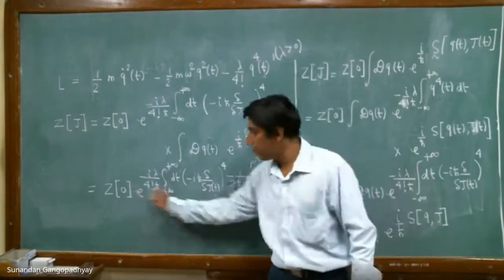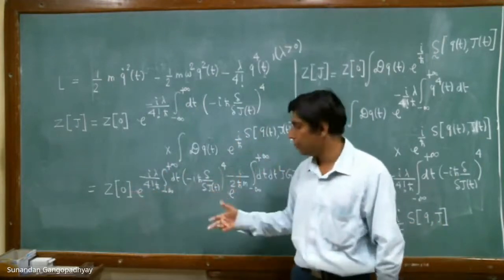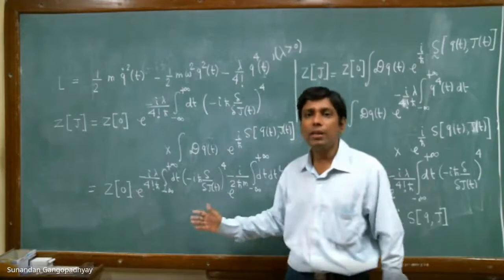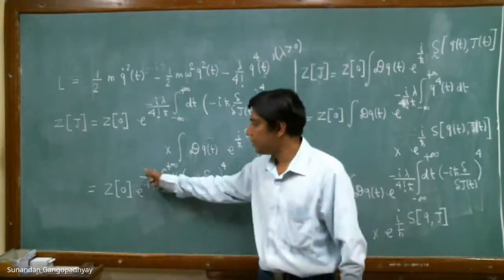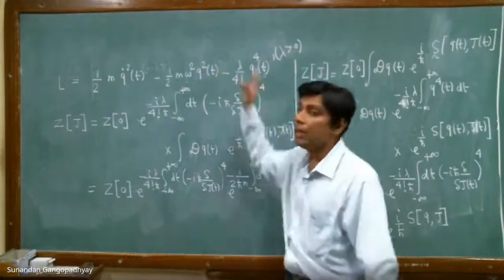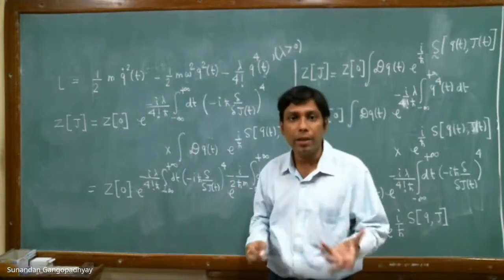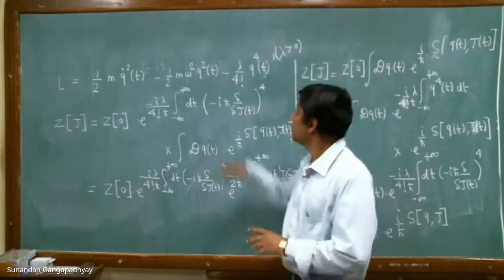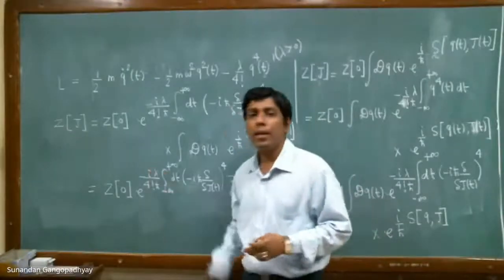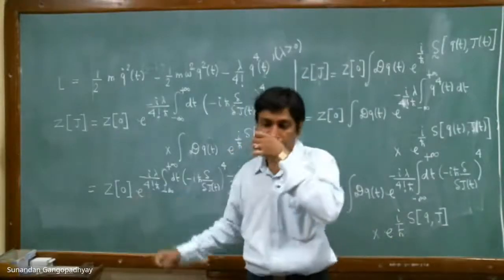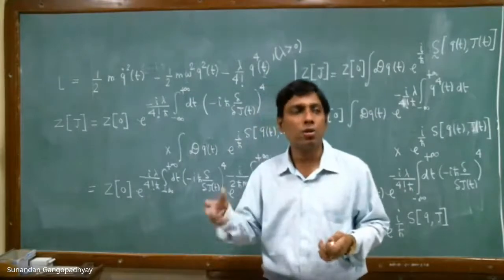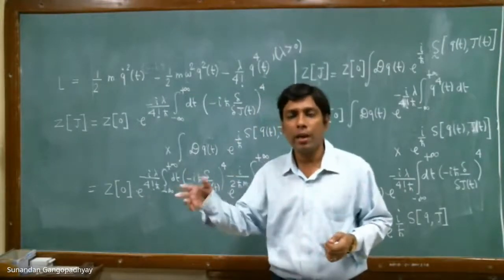And this is what is known as perturbation theory, because you cannot calculate this exactly, right? What you can do at most is this: lambda is the coupling constant, this anharmonicity coupling. You assume that this lambda is small so that you can do perturbation theory. So what you do is you expand this exponential and keep terms up to first order in lambda or second order in lambda and so on.